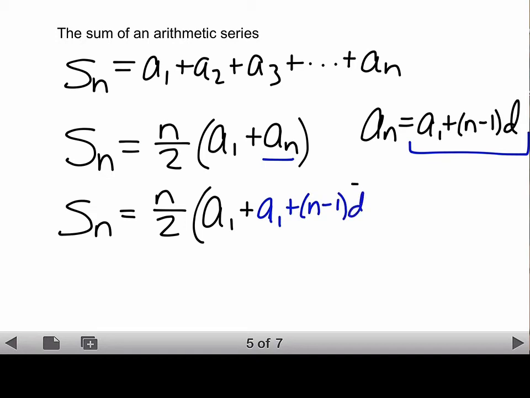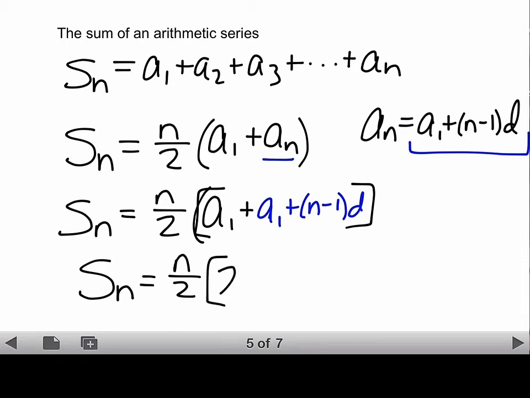I guess I should have brackets there instead of parentheses, which would become S sub n is equal to n over 2 times, brackets, 2 times the first term plus n minus 1 times the common difference.